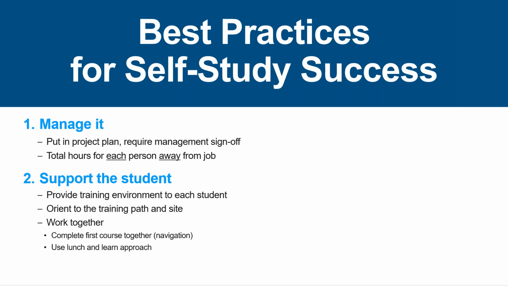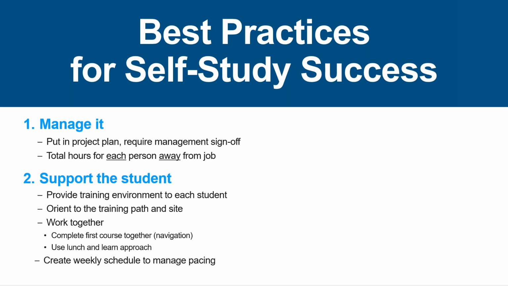We had one customer with hundreds of end users, and the way that they got them trained was to have a lunch and learn, where they would get together for 2 hours a couple of times a week, and as a department they would walk through the self-study courses together. All of those approaches work. The thing is that we need to make sure we do that.